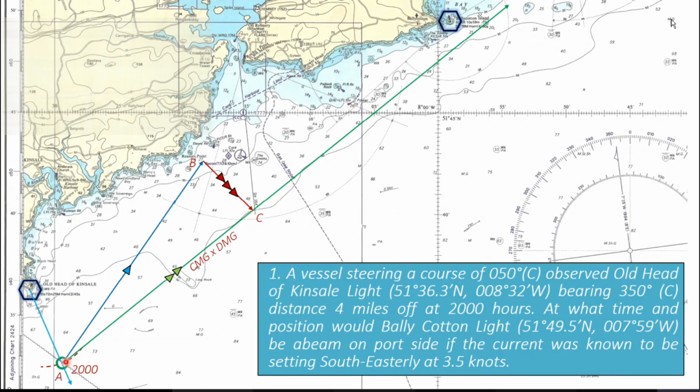So vessel will be steering or maintaining its heading in the direction of AB, our CTS vector, but vessel will be proceeding along the Alpha to Charlie AC vector.